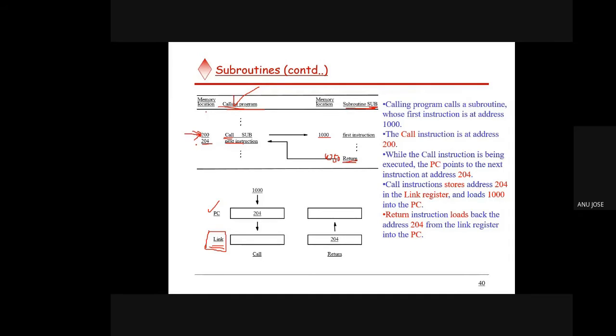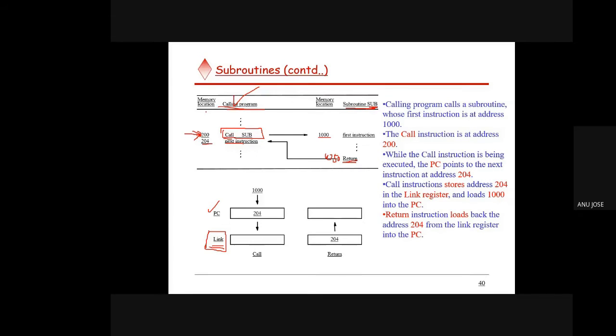When we discussed the program counter, we said that the address of the next instruction to be executed is kept in it. So the program counter had the value 204. But when the processor decodes this instruction, meaning it takes the instruction and understands what it is about, it realizes this is not a normal instruction like add or move.